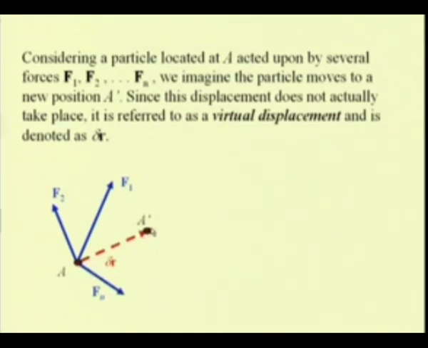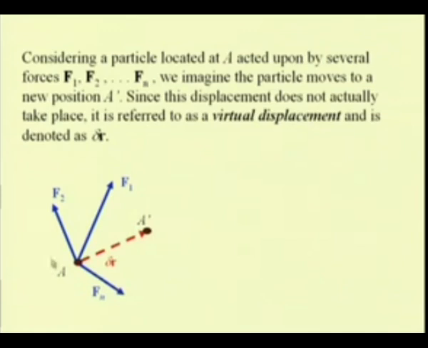So, there is actually no real displacement taking place, and let this displacement, which is virtual, be delta r. This symbol delta we use for the virtual displacement, and this displacement which is virtual is termed the virtual displacement.